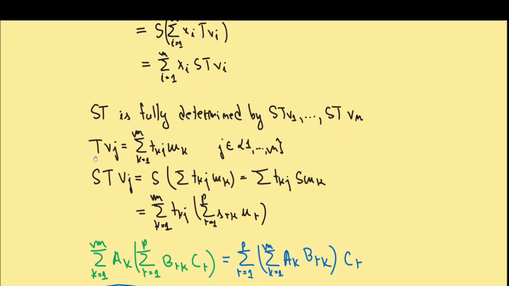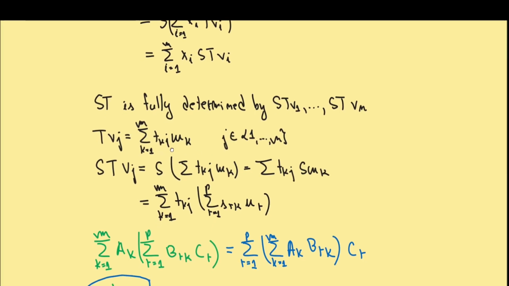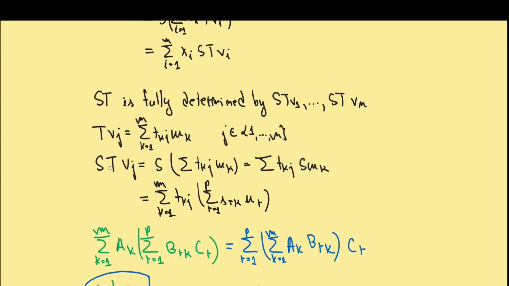And now, what is t of some vj? Well, it's equal to this sum over here. So t of vj gets mapped to W in our case, and in W we have some basis of W, and we can express this t of vj as some unique linear combination like this. And now we apply S to this.